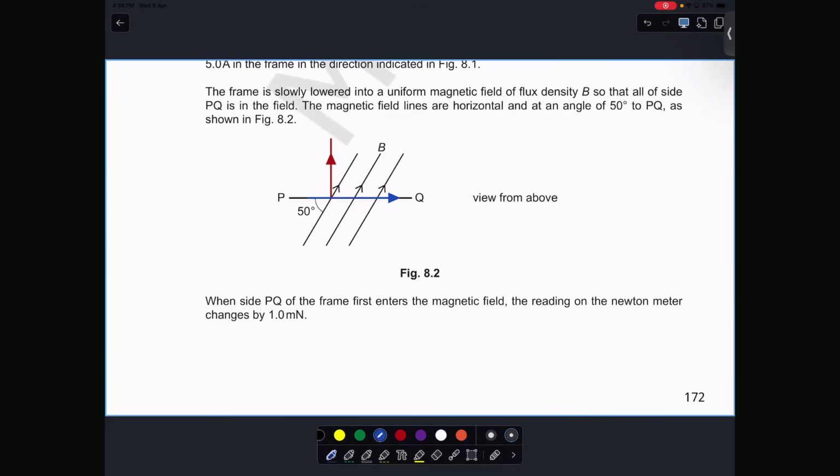FBI, current is P to Q, magnetic flux is that way, so the force is upwards. Upwards means the whole coil will feel BI upwards, the coil will move upwards.